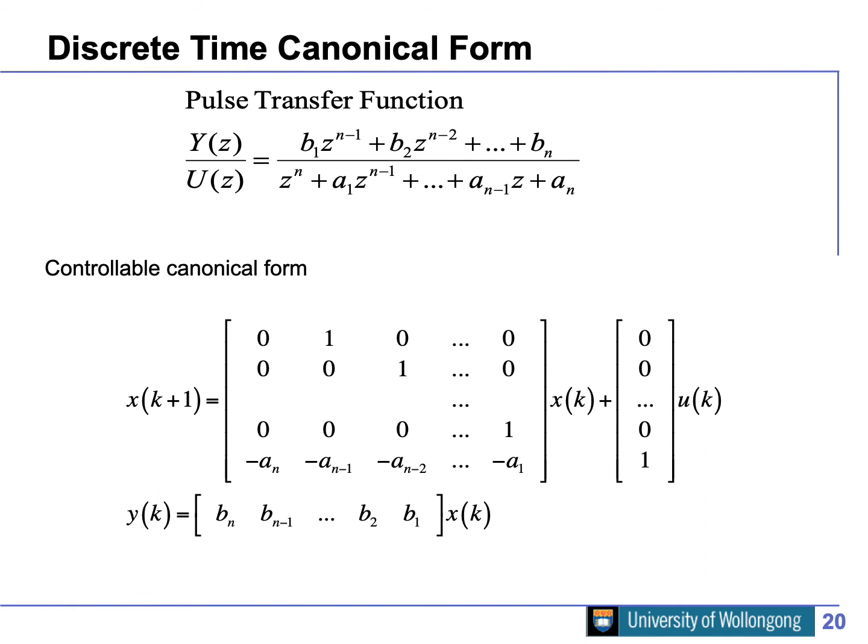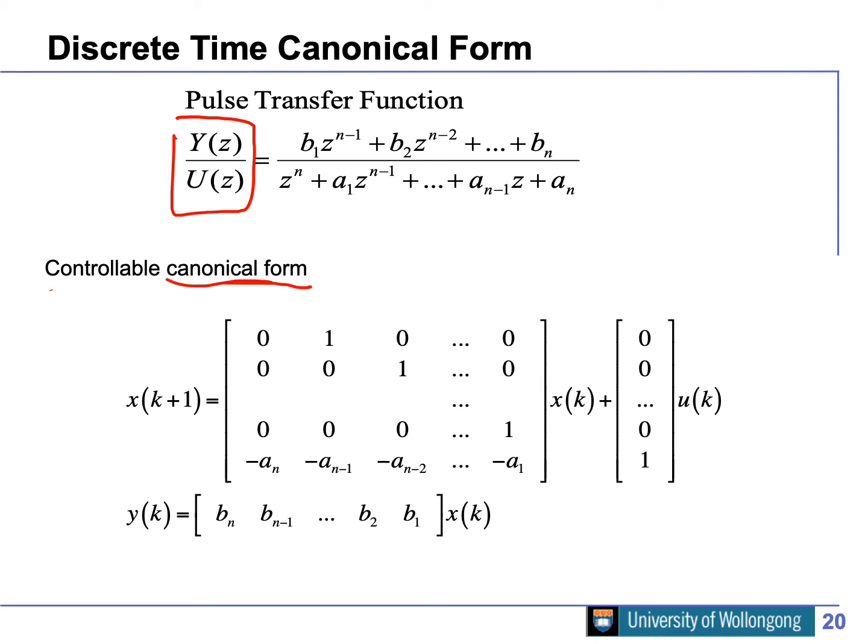Similar to the continuous time system, if we know the transfer function of a discrete time system in the Z domain, we got a transfer function polynomial over there, we have the same type of representation for the canonical form.